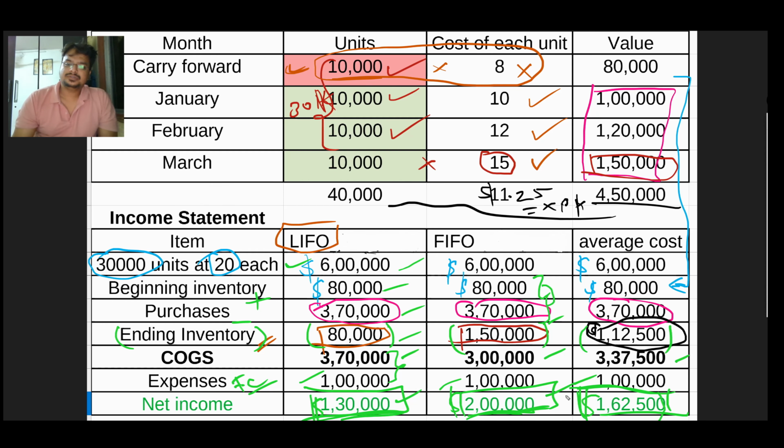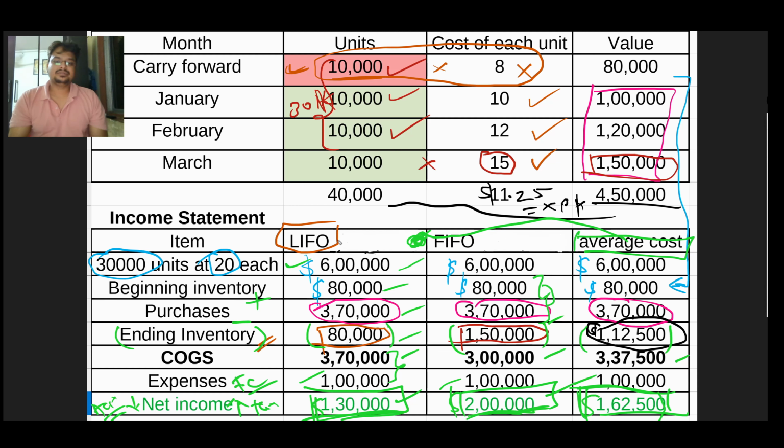So the average cost method will lie in between FIFO and LIFO. The net income for average cost will be less as compared to FIFO. Now please remember one thing, that as you know, if the net income is more, we pay more tax. If the net income is less, we pay less tax.